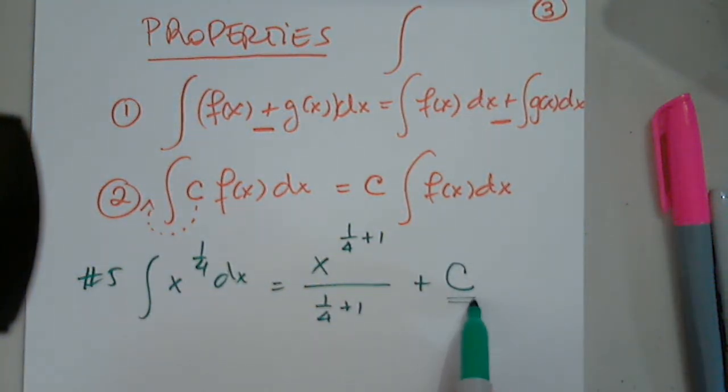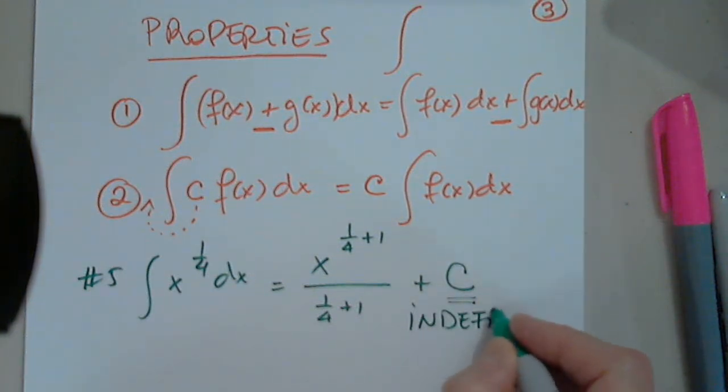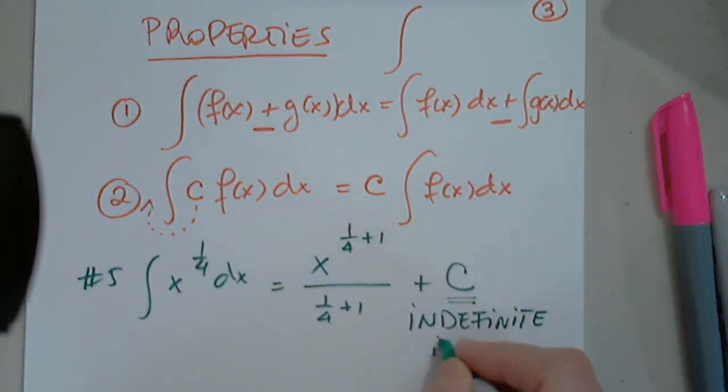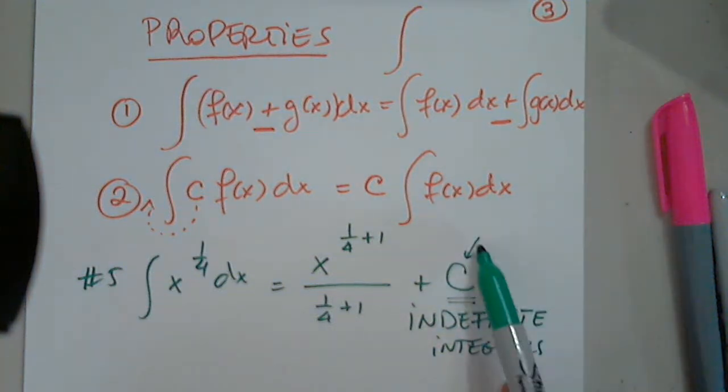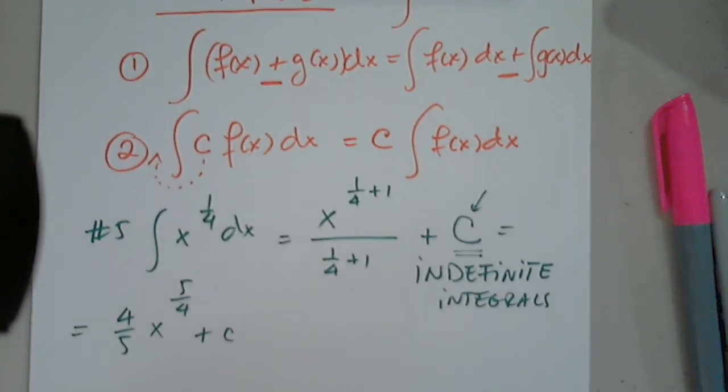Again, what is this constant? This comes into play only for indefinite integrals. It is required. Why? Because I can have infinitely many functions with the same derivative, x to the 1/4. And then I have to simplify. So 1/4 plus 1 is 5/4, and I have to flip 5/4. So this is 4/5, and x to the 5/4 plus a constant c.